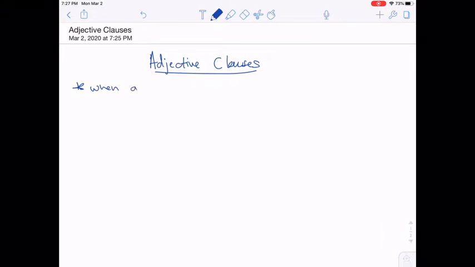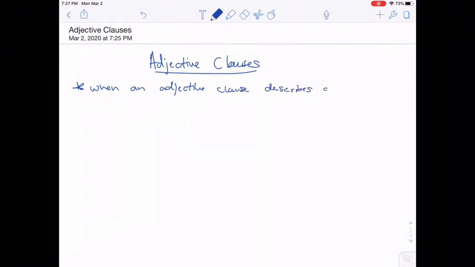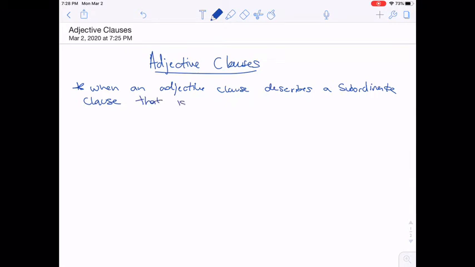When an adjective clause describes a subordinate clause is known to exist, then use indicative.